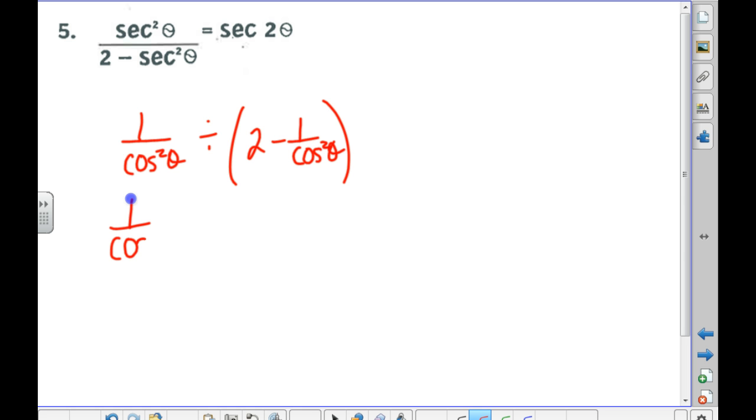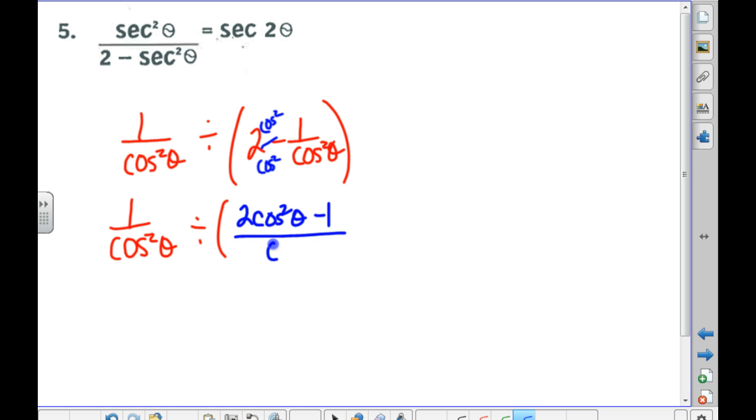Can we get a common denominator? This would have to be 2 cosine squared over cosine squared. So I'd have 2 cosine squared minus 1 all over cosine squared.